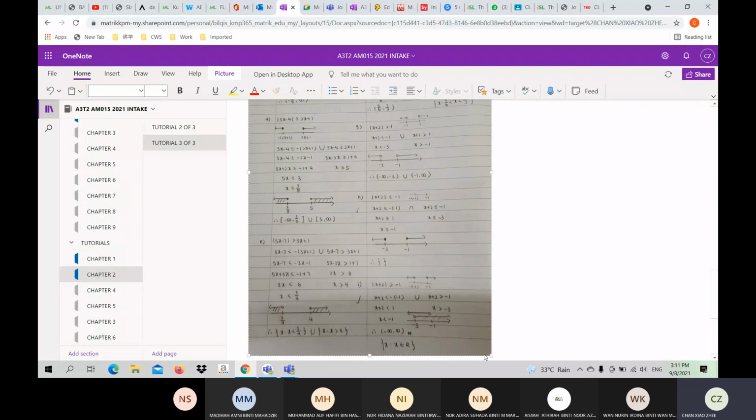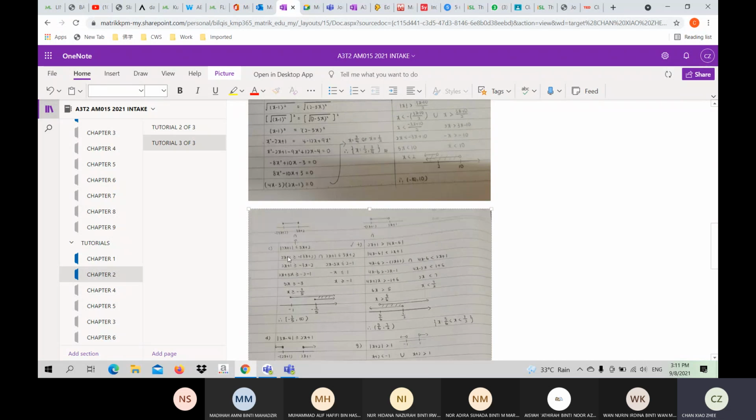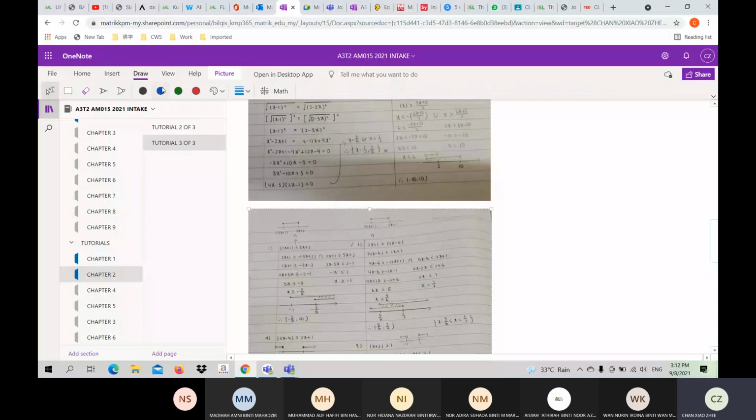C. Absolute 2x plus 1 smaller than or equals to 3x plus 2. Kalau smaller than kita guna intersect.